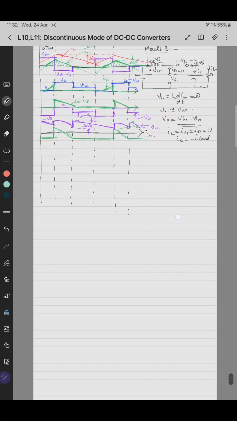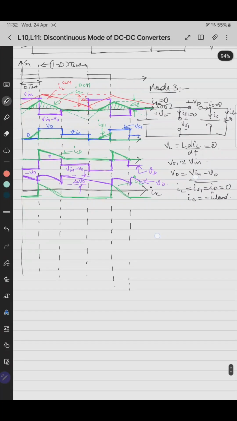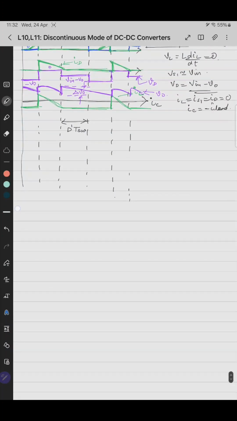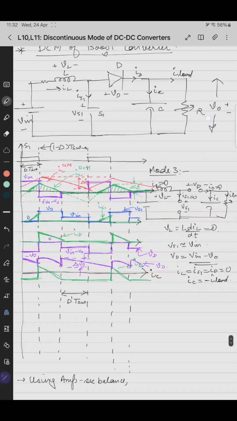So this new time here is D dash into T switching, which we want to find. So using amp second balance, what will we write?